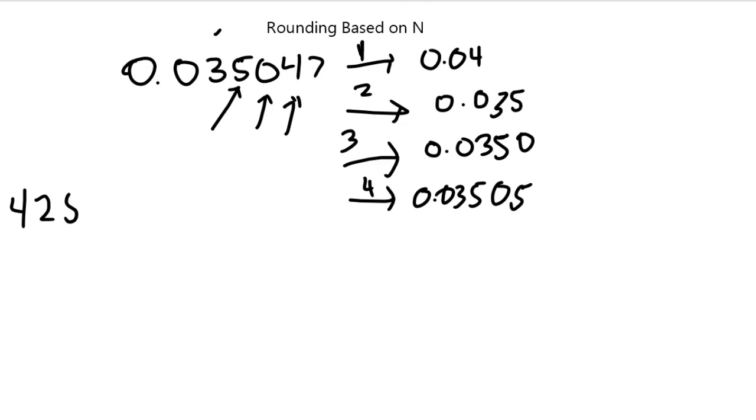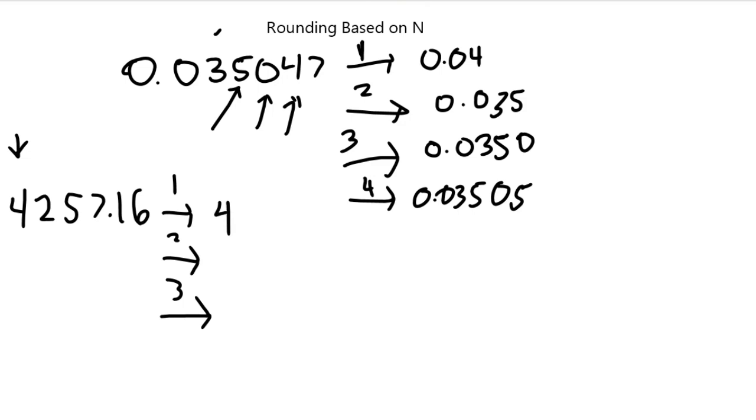So now let's move on to next problem. Let's say we have 4257.60. So we wish to round it up sa first, second, and third significant figure. So dito yung first significant figure, right? So 4 siya.